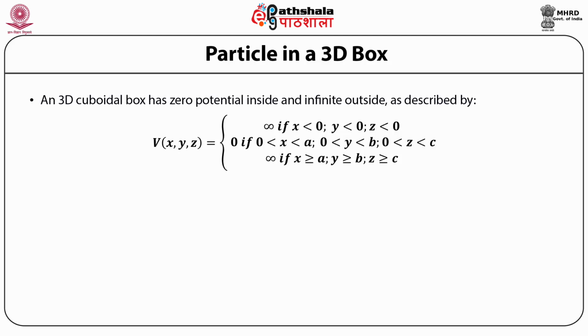And it is again infinity if x is greater than or equal to a, y is greater than or equal to b, and z is greater than or equal to c.